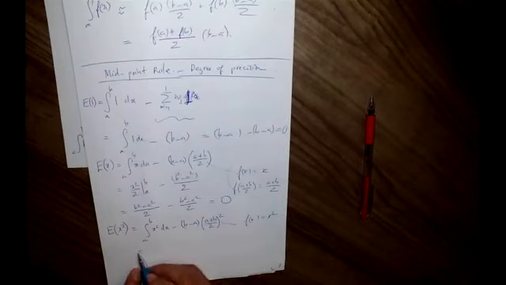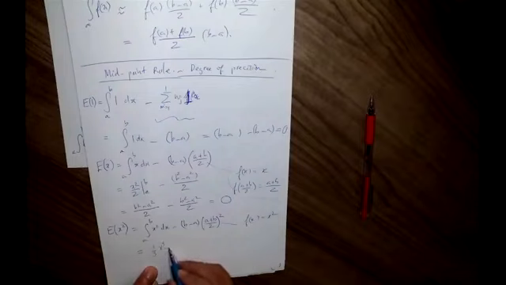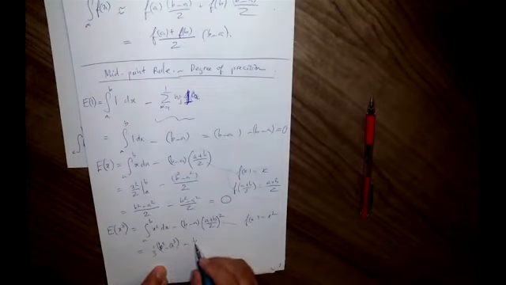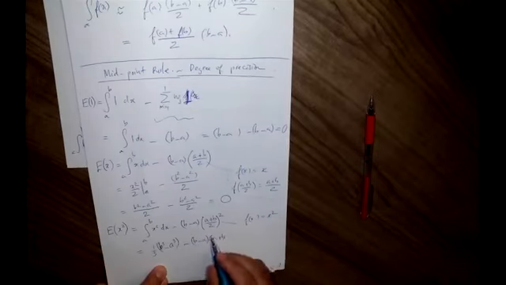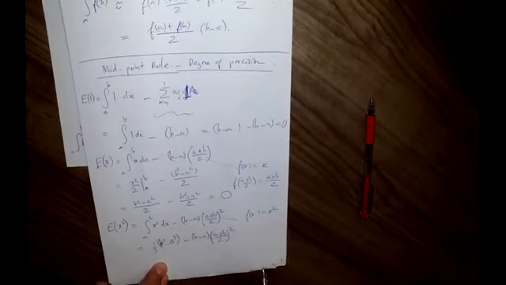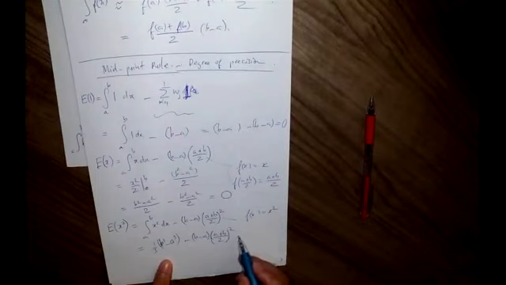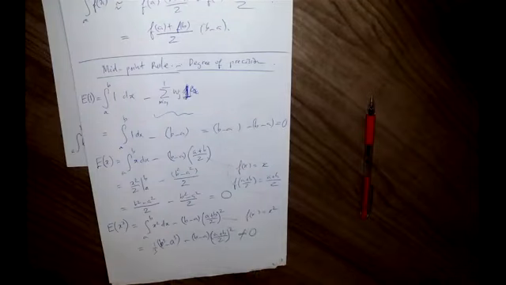Okay, and now this one will become one third of x cubed, b cubed minus a cubed, yeah, minus (b minus a) times ((a plus b) over 2) squared. And you can see that the last expression here is in general not equal to 0.